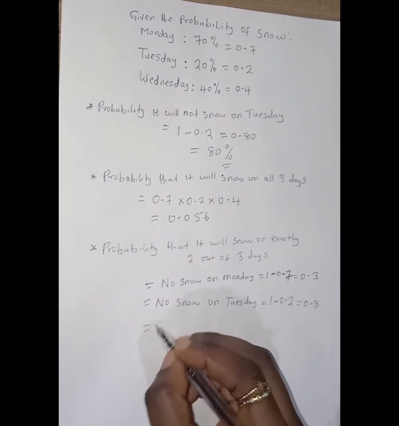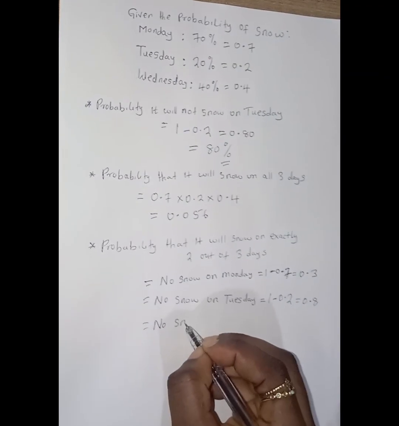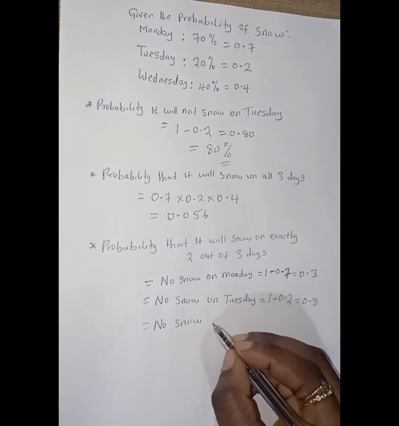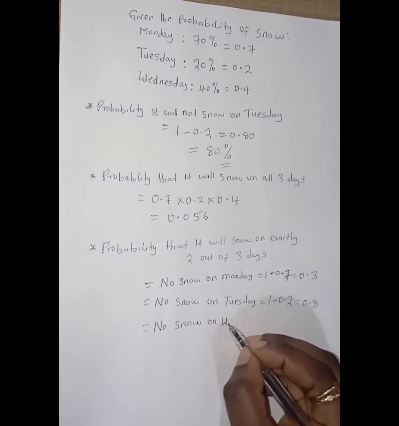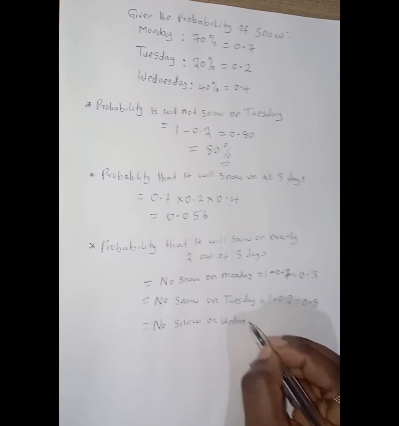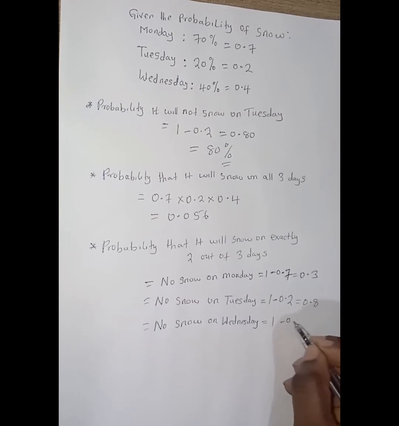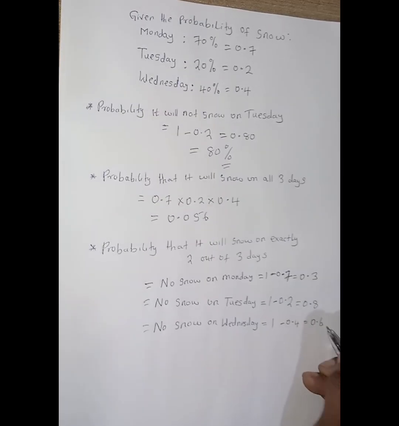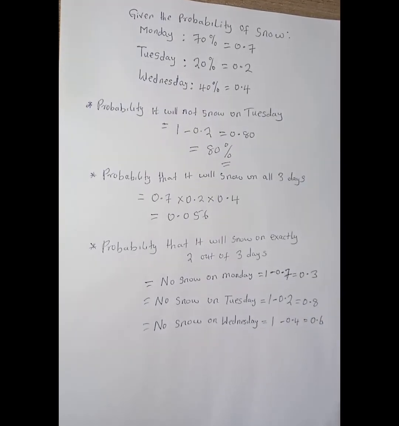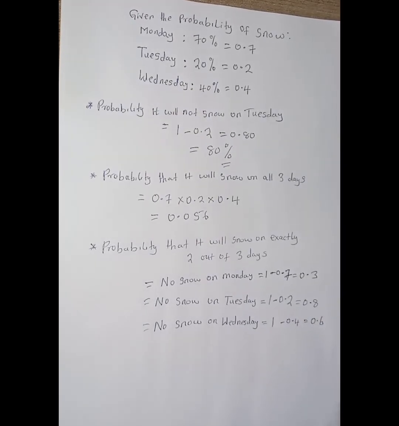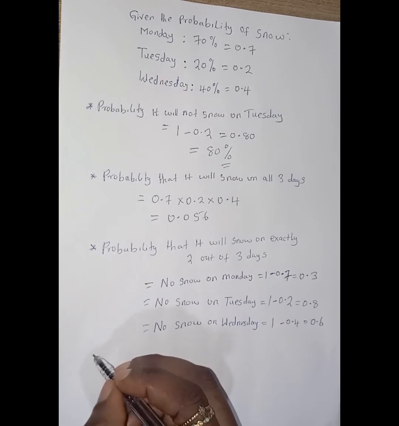And the probability that it will not snow on Wednesday is 1 minus 0.4, which is equal to 0.6, right?